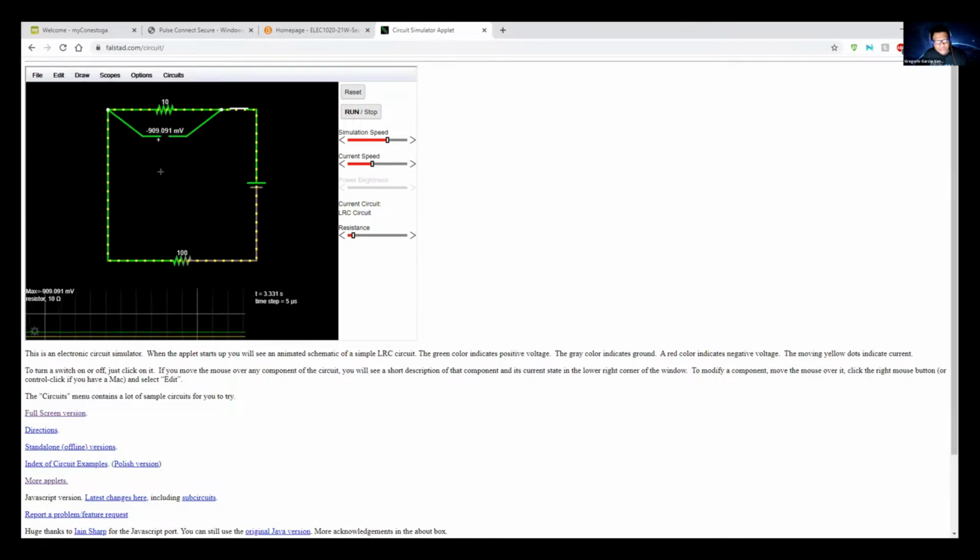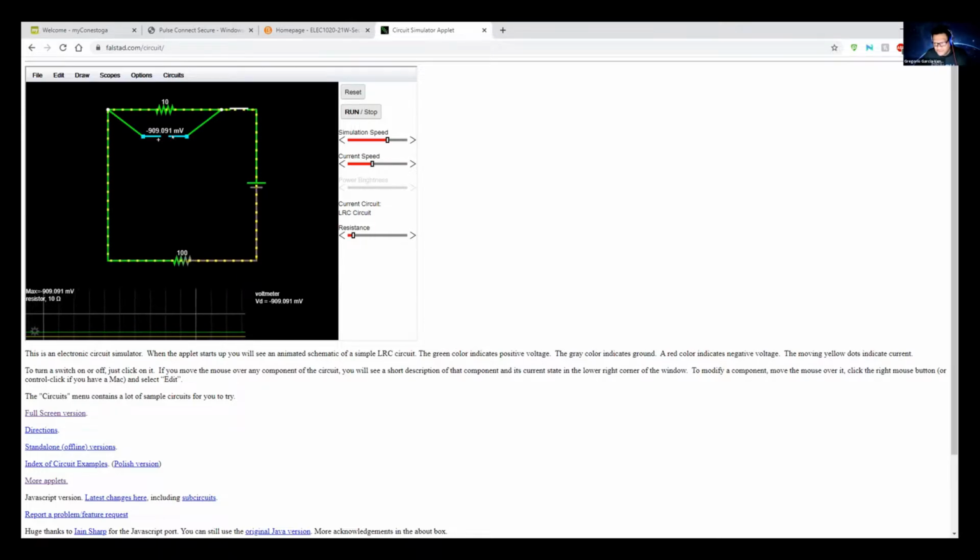Whenever you are adding a component, you are going to see that little cross. But if I want to go back to my cursor so I can select an individual component, I'm just going to press escape. Now that I pressed escape, I'm going to hover over the component that I want to change.